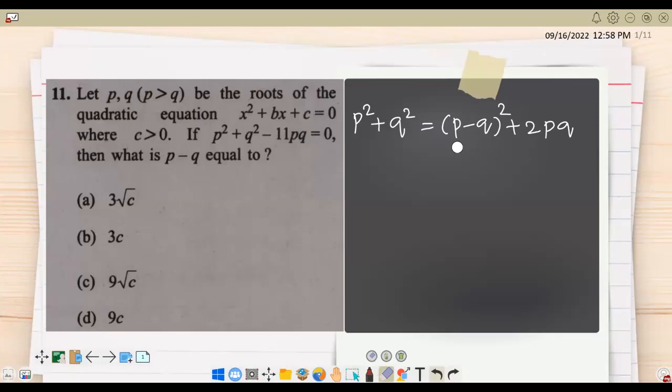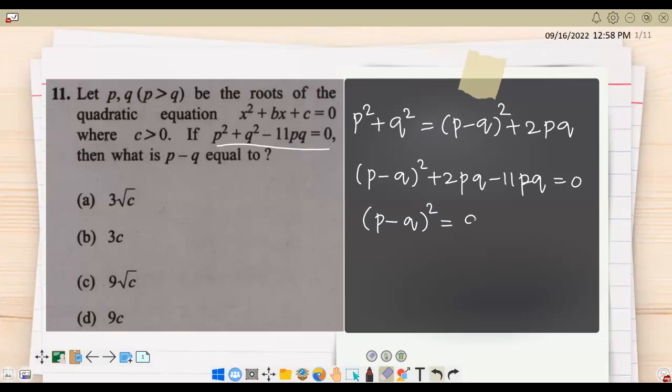Now we can replace this in the original equation, which will become P minus Q the whole square plus 2PQ minus 11PQ equal to 0. So now we need P minus Q, so obviously we have to take everything else to the right hand side. Now P minus Q square will be equal to 9PQ.